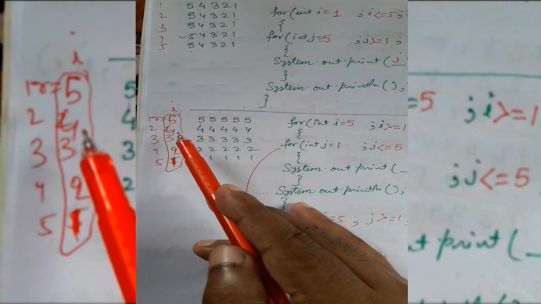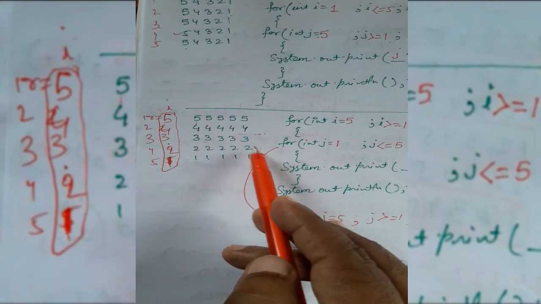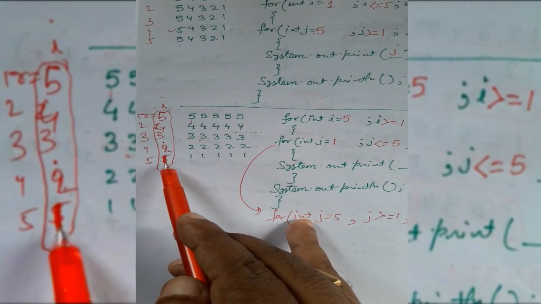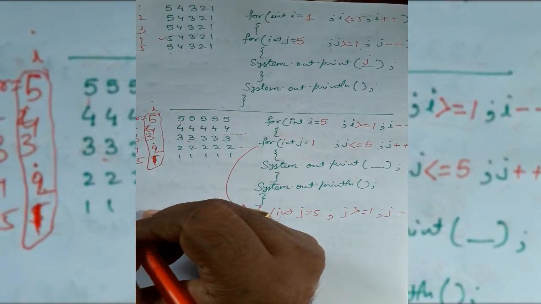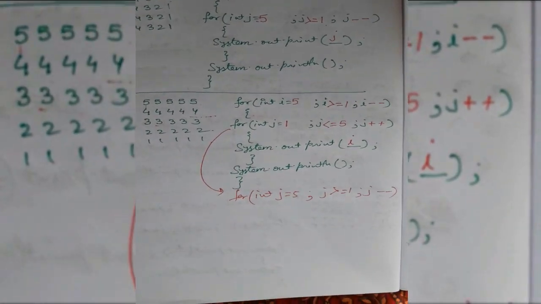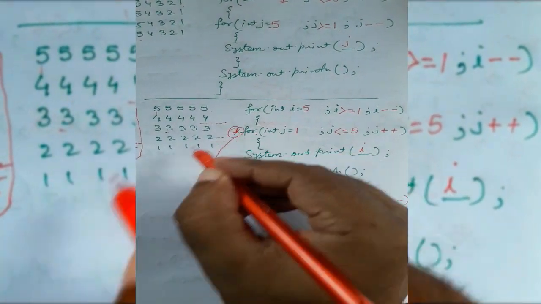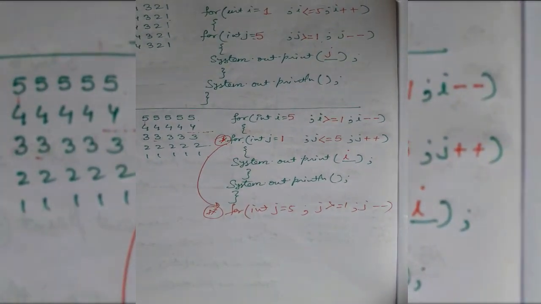When the row name is 4, it is printing five 4s. When 3, five 3s. Row name 2, five 2s. Row name 1, five 1s. So when the row name is I, it will print five I's. So we will give I. Either this line or this line you can write, the answer will be the same.